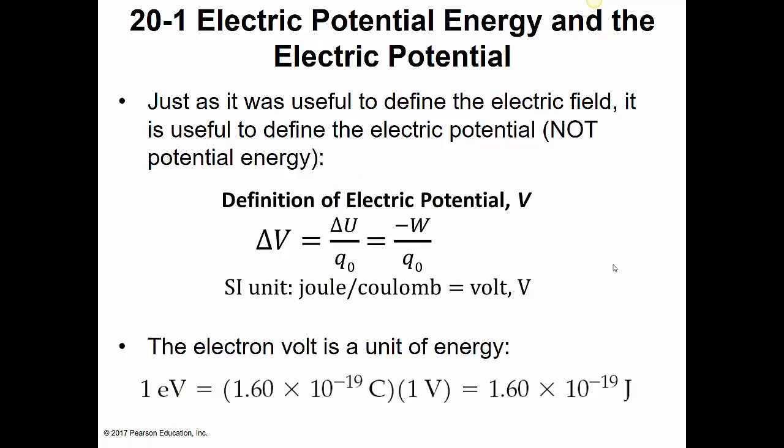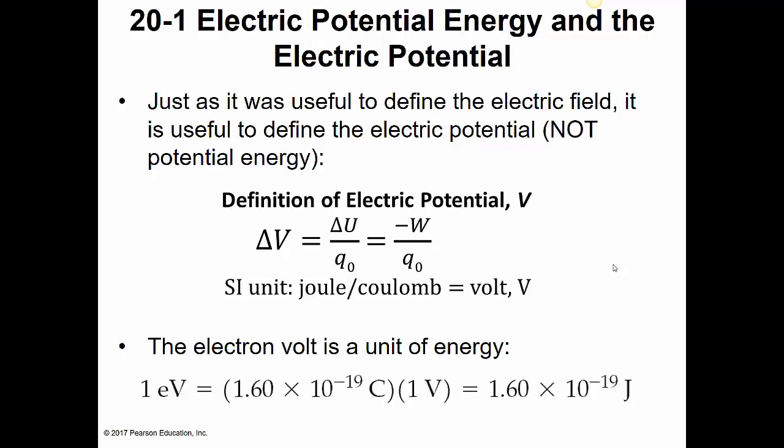Sometimes it's more useful to think about how much energy each coulomb will gain or lose. So we have to introduce a new term, the electric potential. This is not the electric potential energy, which is measured in joules. This is how many joules per coulomb is lost as any charge moves to and from point A or B in the field.